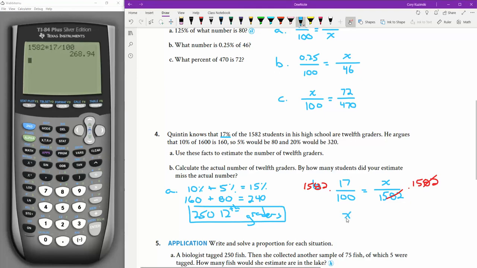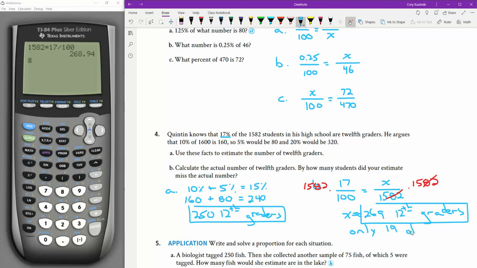So x equals about 269 students or 12th graders. So only 19 off from my original prediction.